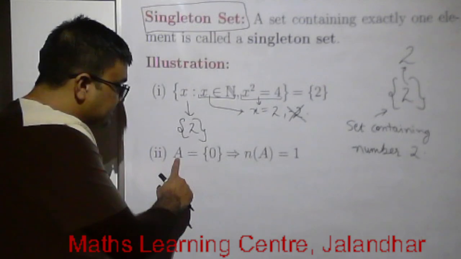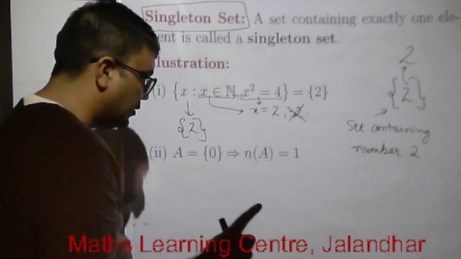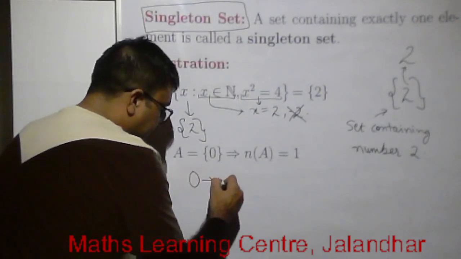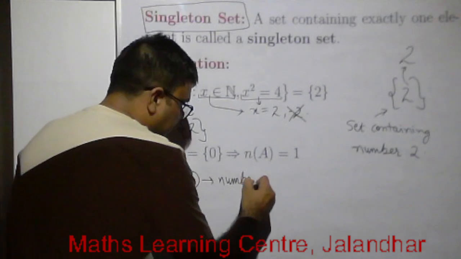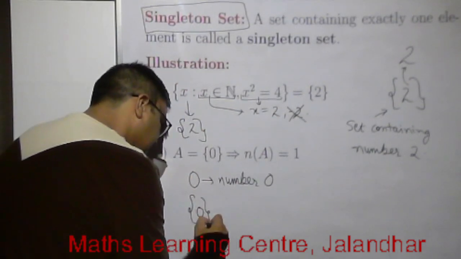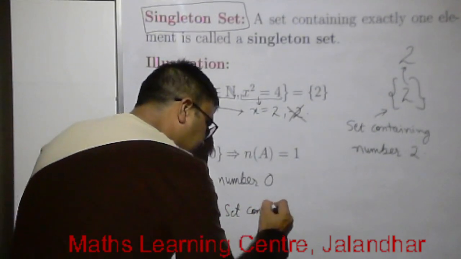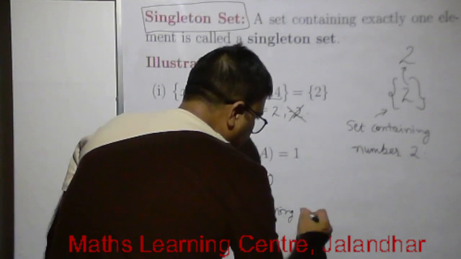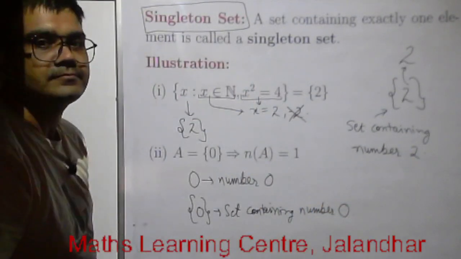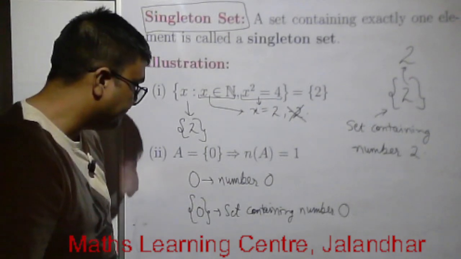Similarly, if I am writing the set A, it has the element 0. Observe over here, when we are writing this, this is the number 0. When we are writing this, this is the set containing the number 0.